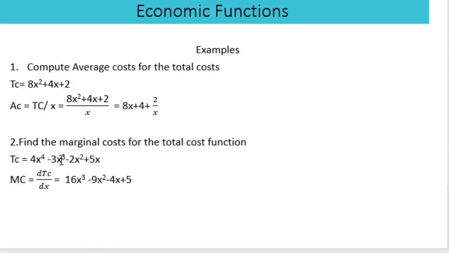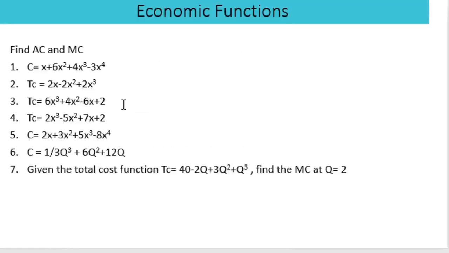Minus 3 into 3x raised to 3 minus 1, that is 9x square. Minus 2 into 2x raised to 2 minus 1 is 4x. Plus 5x, differential of 5x is 5. This is the marginal cost function. Likewise, find the average cost and marginal cost of these functions.